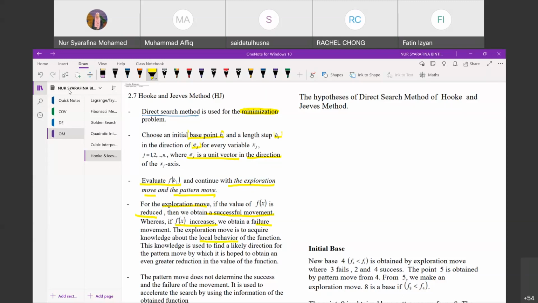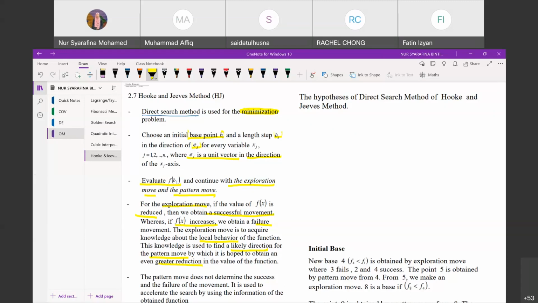This knowledge is used to find a likely direction for the pattern move, by which it is hoped to obtain an even greater reduction, because we want to minimize the function. We explore by using a pattern, starting with our base point with a step length of hj, because we want a greater reduction. Once the function is reduced, it is a success. Once the function increases, it is a failure.